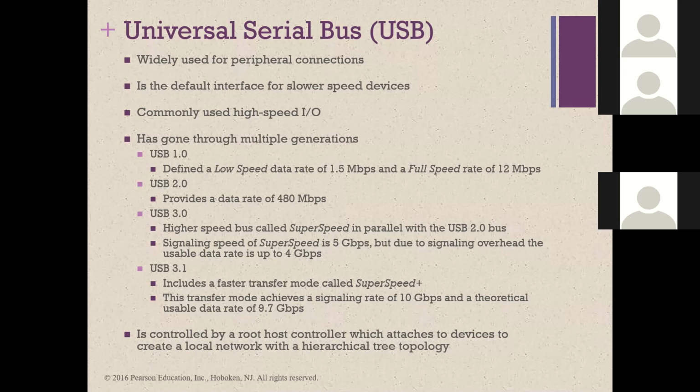Now, USB has gone through multiple generations, with the first generation, 1.0, defined for low-speed data of about 1.5 megabits per second and a full speed rate of about 12 megabits per second. Then we have USB 2, you have USB 3, and so on.